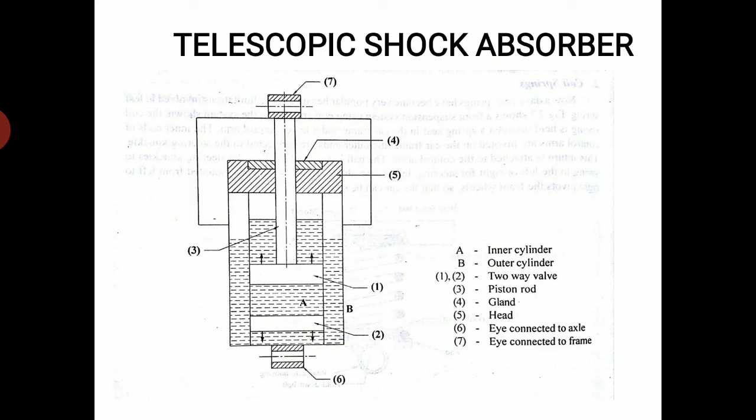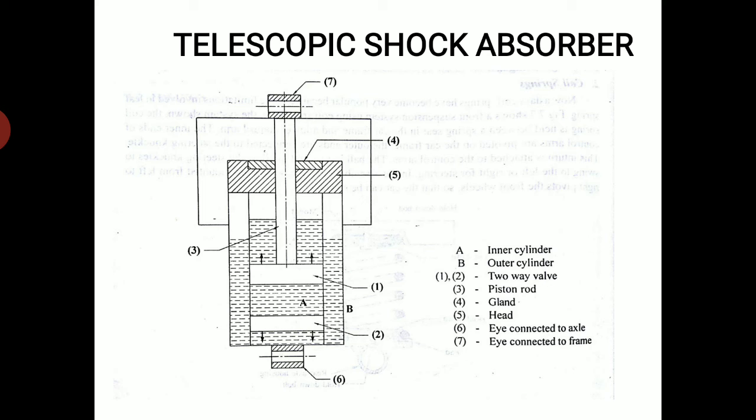Now the simple explanation behind it. The piston rod is attached to the two-way valve 1, and valve 2, which is also a two-way valve, is attached between the cylinder and the tube as shown in the figure. The inner and outer cylinders are filled with oil. When the vehicle comes across a bump, the eye connected to the axle will move up.